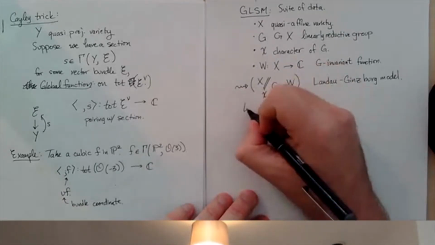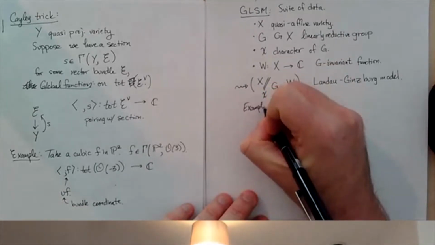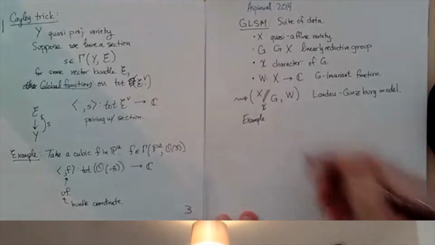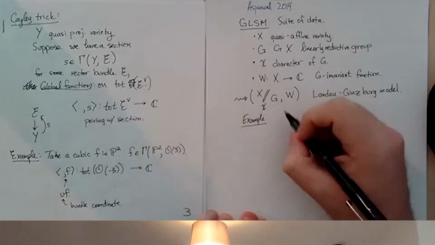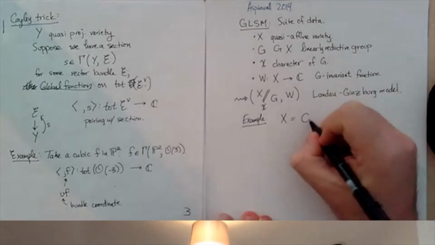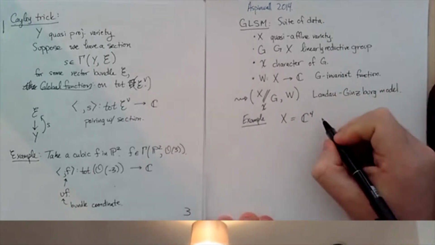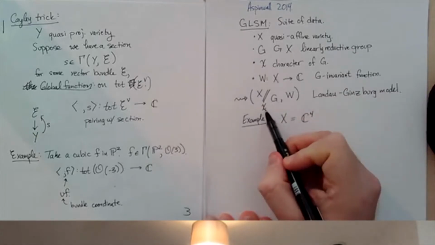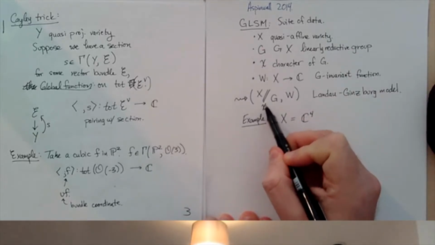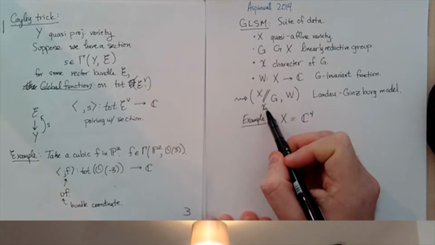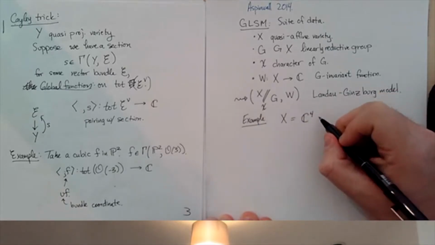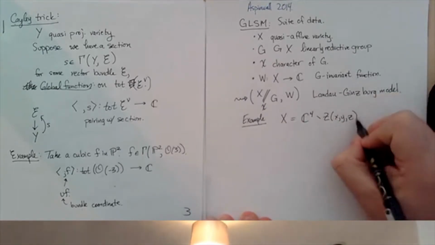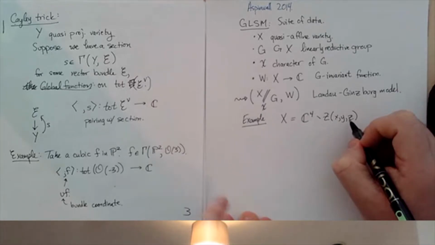So the example that we have there is that if we have X to be C4, and I can take out the unstable locus with respect to chi from before. So I'm just going to take out Z, the zero locus of X, Y, and Z. So I'm just taking that origin away from the P2.